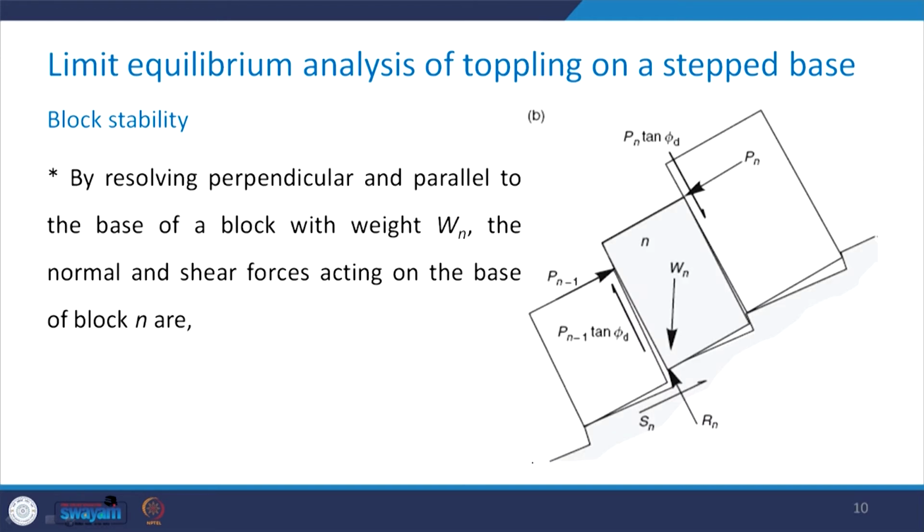Now, by resolving perpendicular and parallel to the base of a block with weight Wn, the normal and the shear force acting at the base of the block can be obtained as Rn equal to Wn cos psi p plus Pn minus Pn minus 1 tan of phi d.